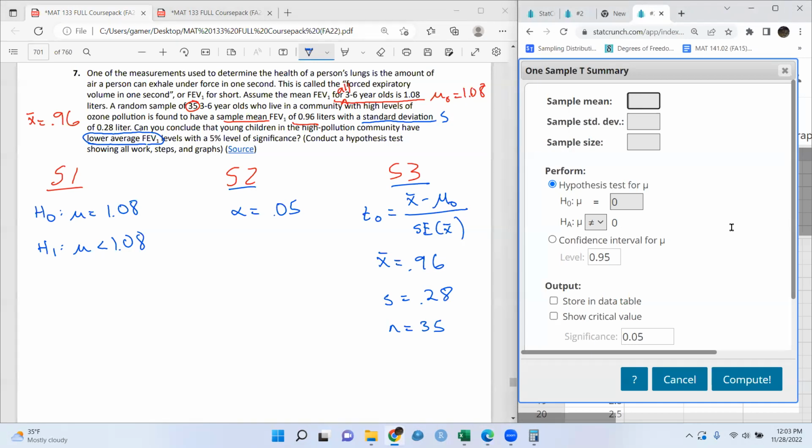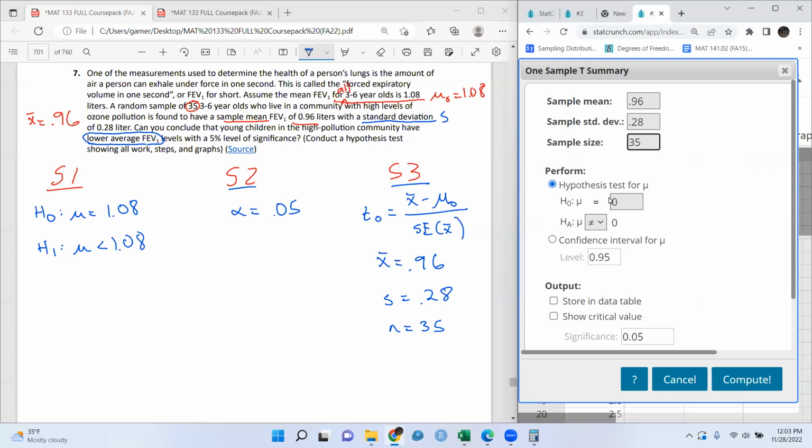So be careful. I have found myself making this mistake, not reading carefully what came first. It's always mean, standard deviation, and then size, and it can be easy to mix them up sometimes. So just be mindful of that as you're going through.